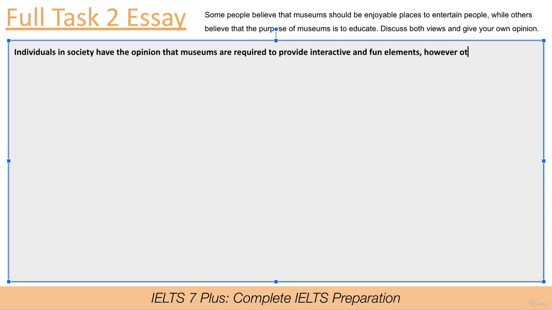However, others, different people, share the thought that museums need to focus on learning.